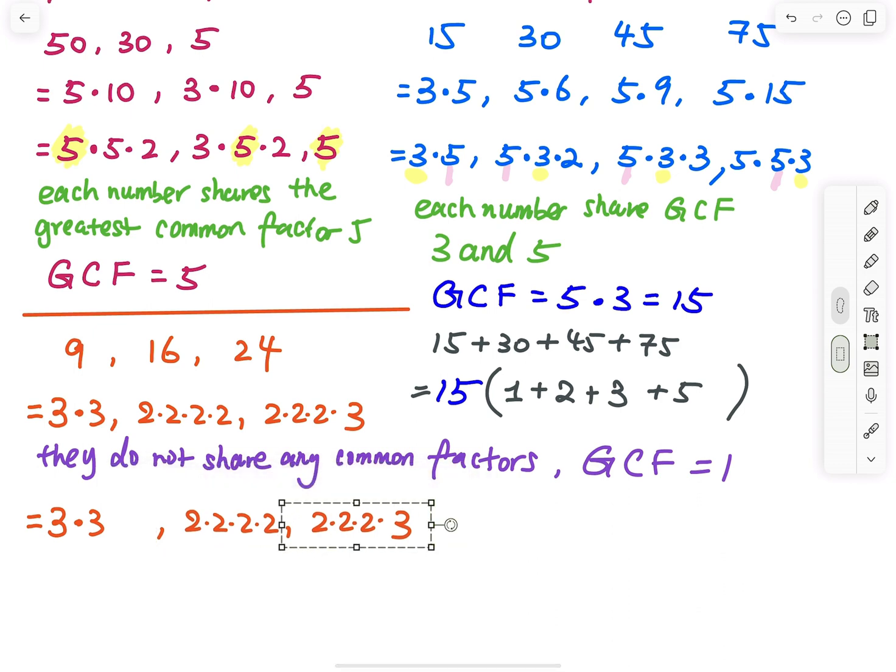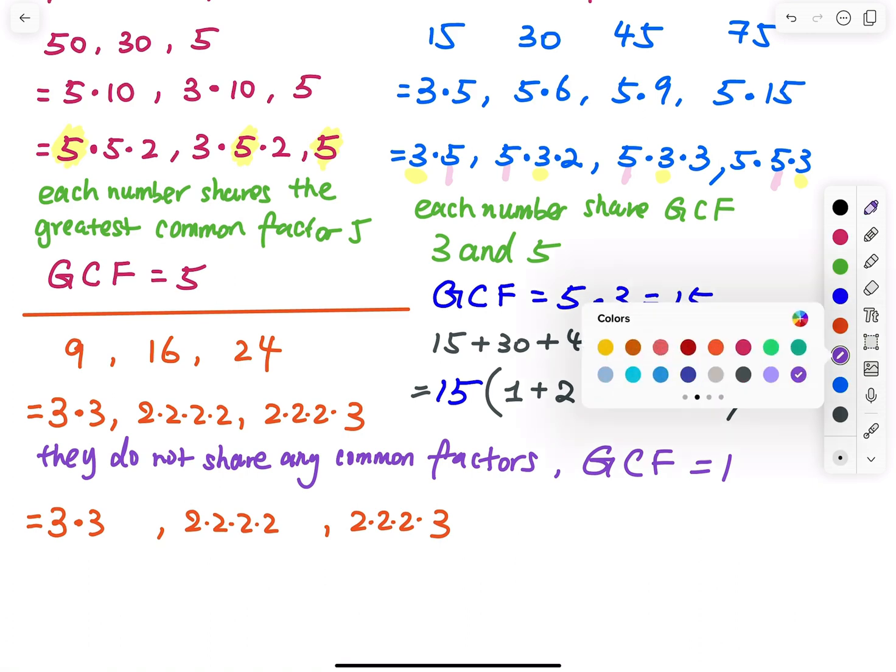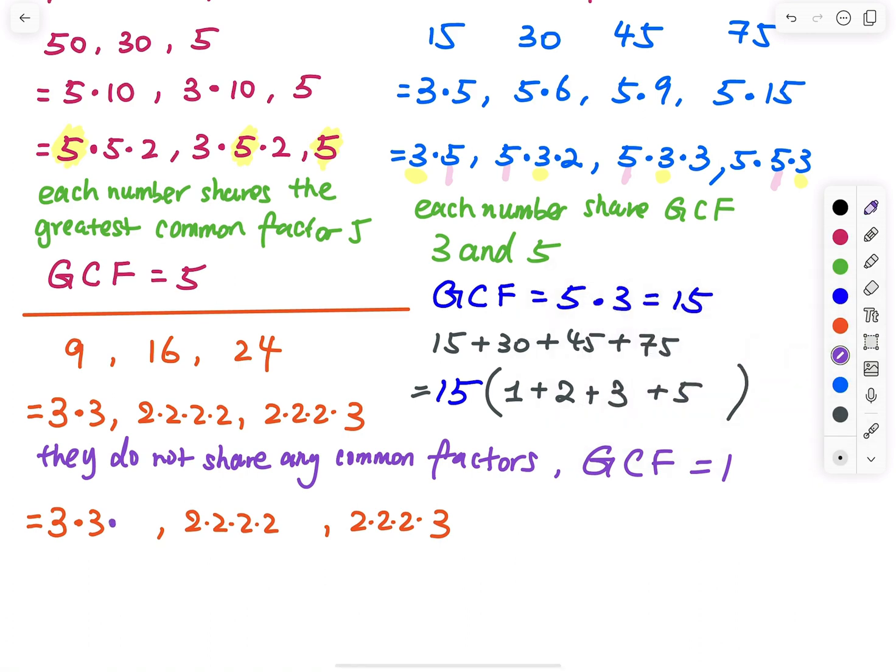So where is the 1? You can also multiply by 1, because when you multiply a number by 1, that doesn't change the number. So when there is no common factor, we bring the 1 in and say the greatest common factor is equal to 1.